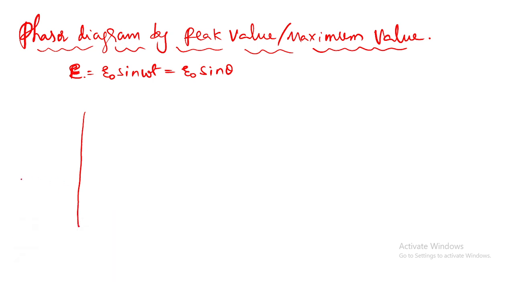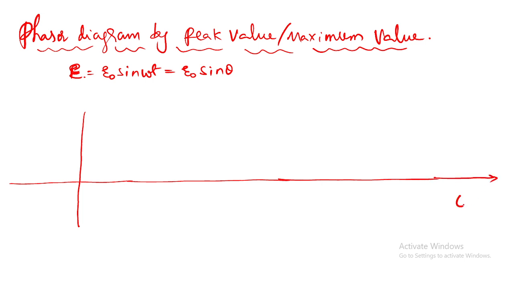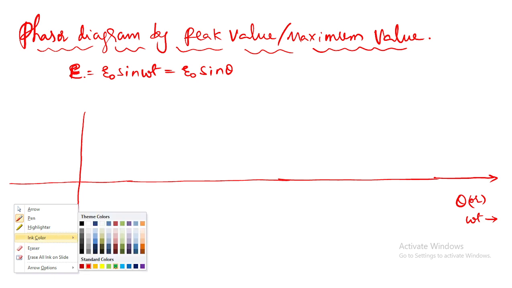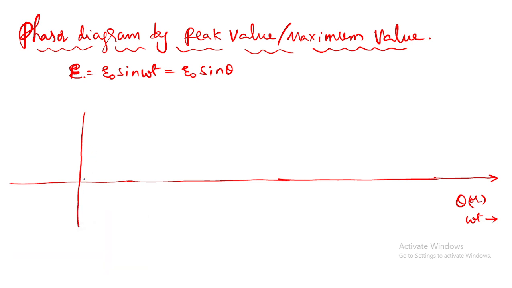Draw along with me. This axis is theta, or else you can say omega t, this direction. You are rotating the maximum value, the peak value. Yes or no?